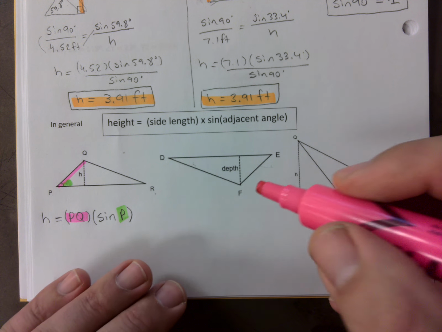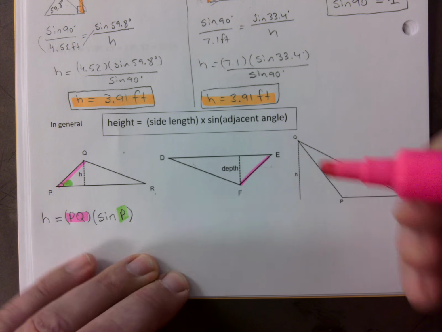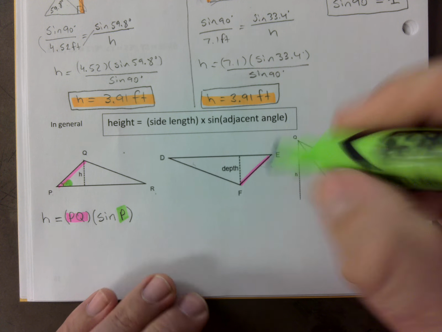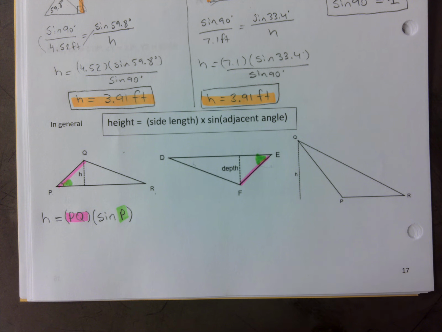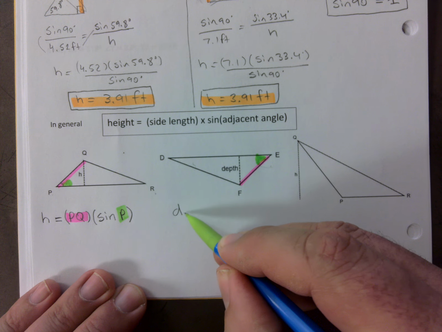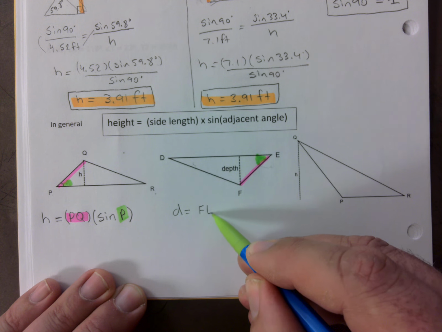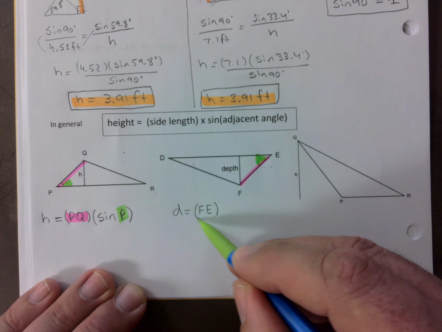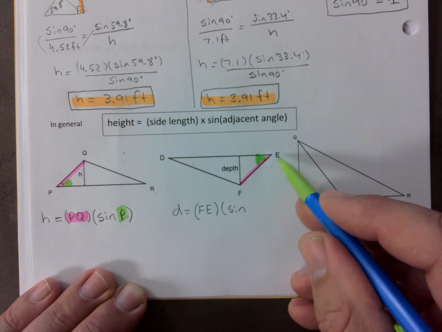Let's focus in on this side here. If you know this slant, right, you would multiply it by the angle here. So to find the depth, you would go side FE or EF, it doesn't matter, times sine of, in this case, angle E.